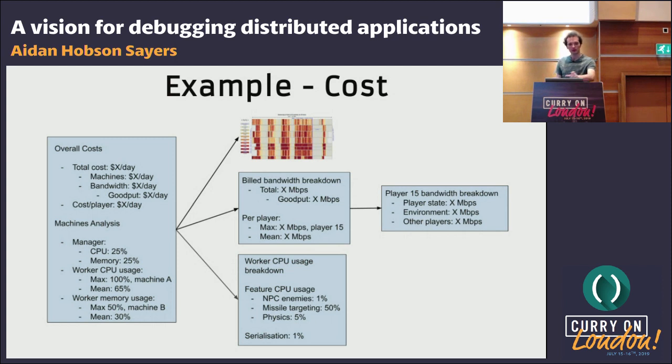Unfortunately the slides changed, but in this case, we can see that for worker CPU usage, we've got a max of 100. Machine A, for some reason, is completely maxed out. Maybe we want to look into that.